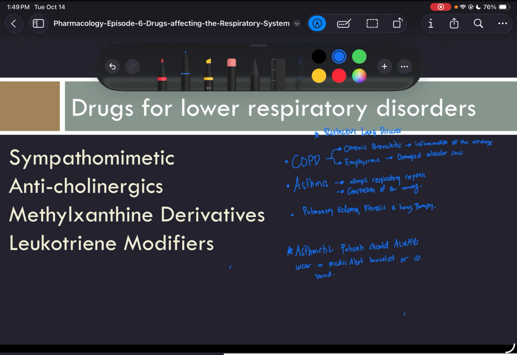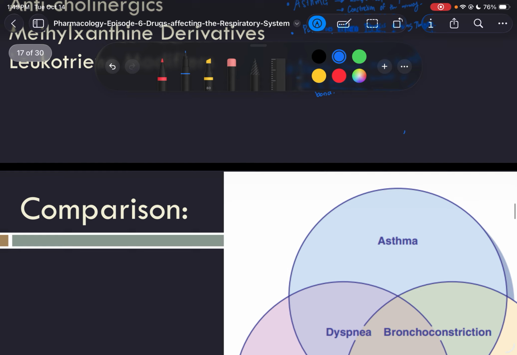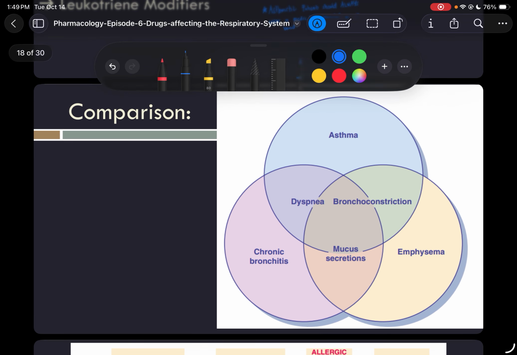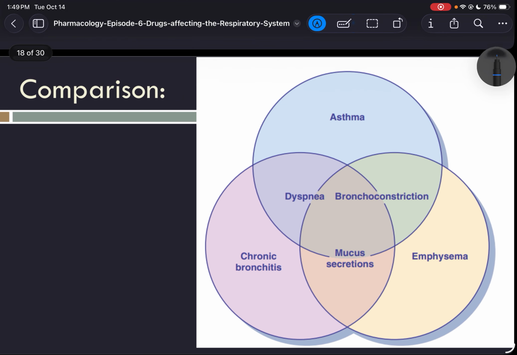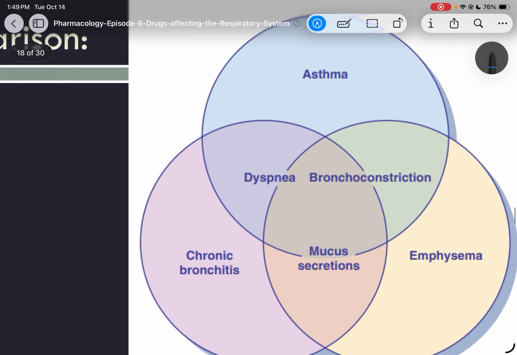So let's start with our comparison first. Typically, asthma causes bronchoconstriction and dyspnea. Chronic bronchitis will cause dyspnea and mucosal secretions, while emphysema will cause bronchoconstriction and mucosal secretions. The thing you need to remember about this is all of these are what we call restrictive lung diseases.